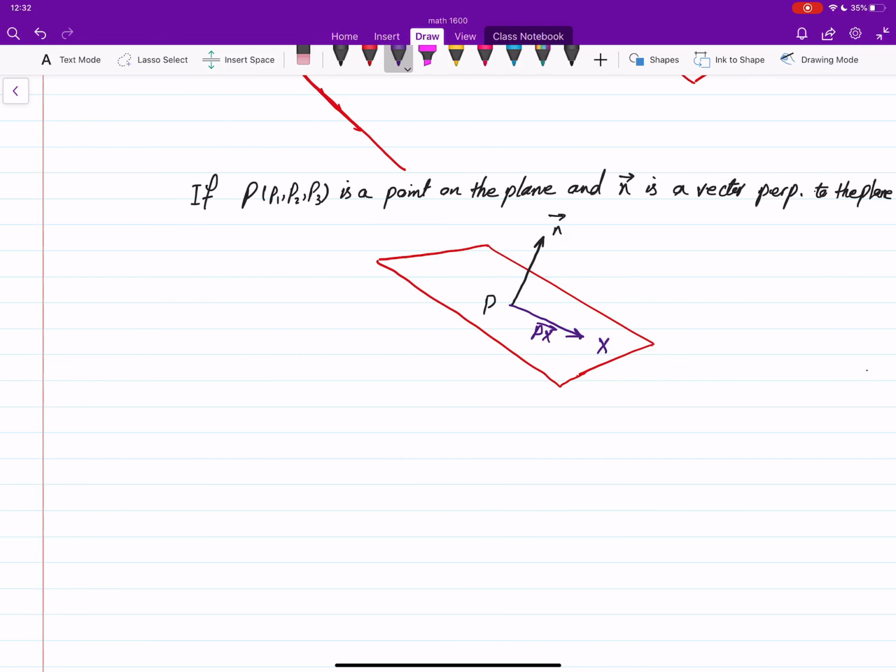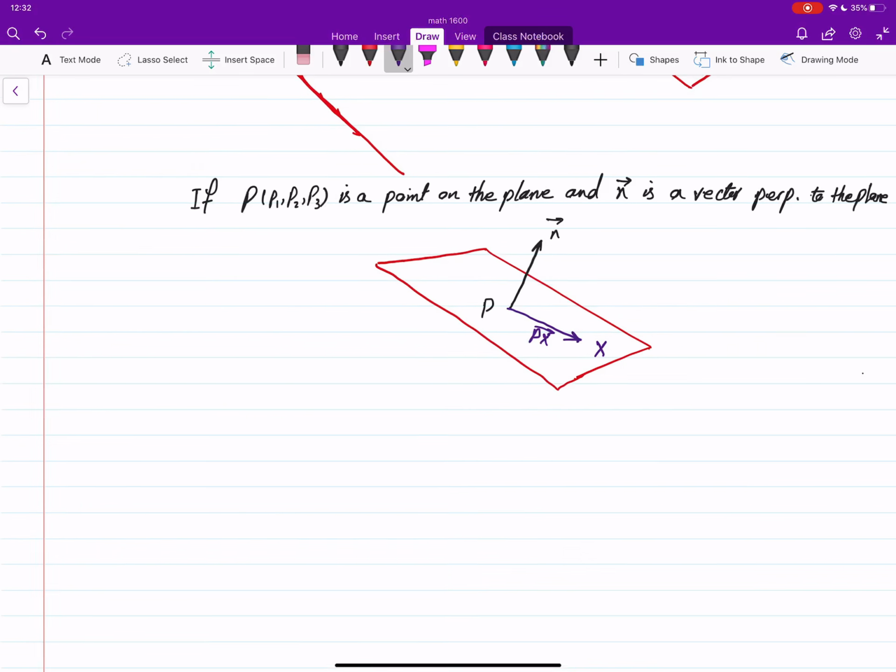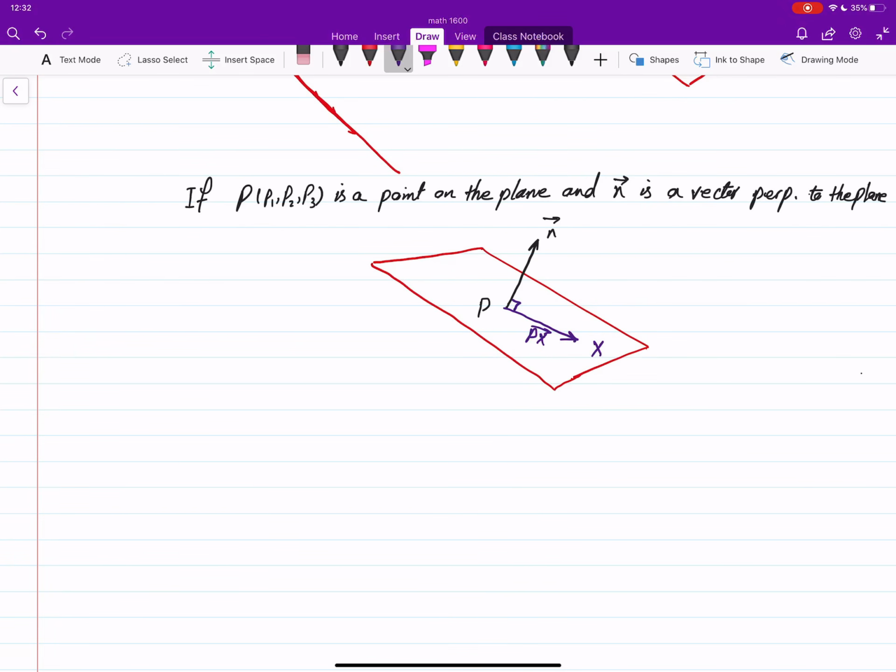Px is a vector on the plane. Well, you can say it is parallel to the plane, and as a result, it will be orthogonal to n.